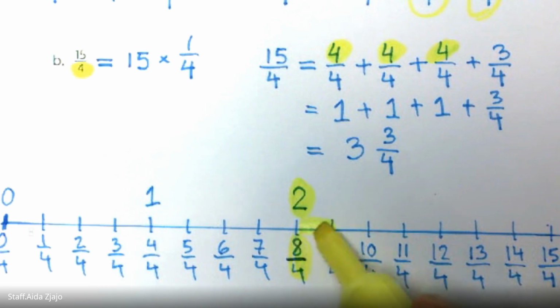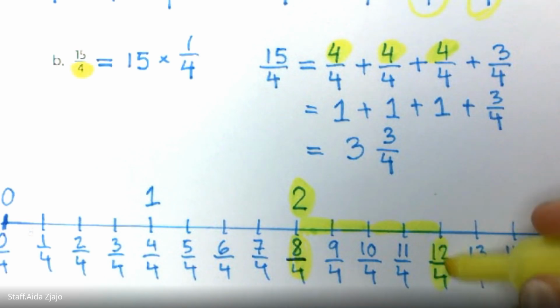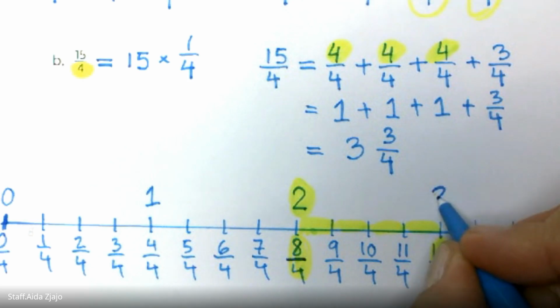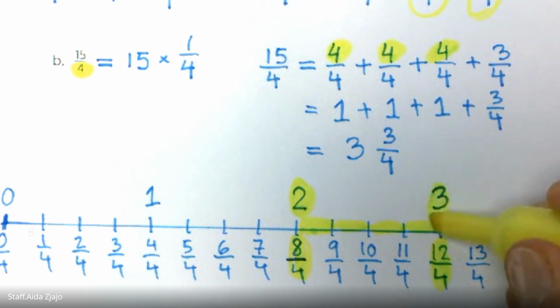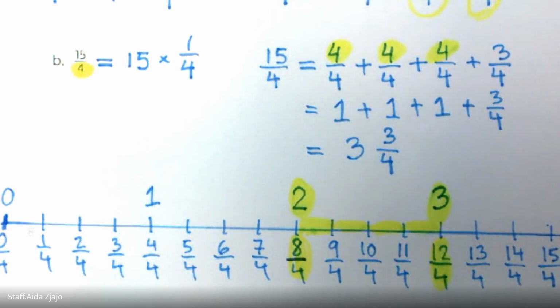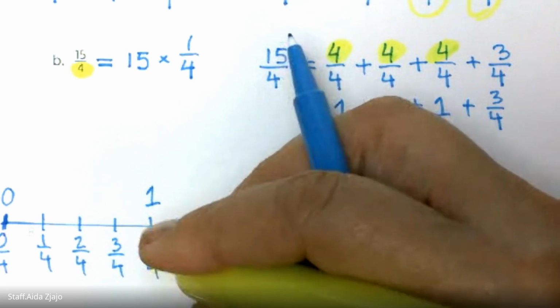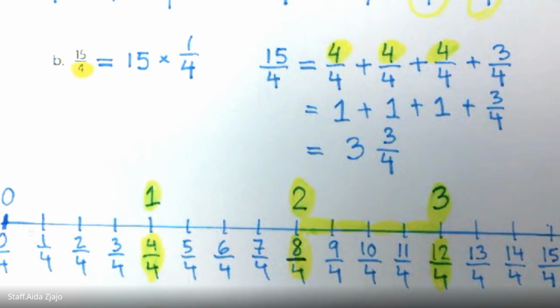So if I go 1, 2, 3, 4 more fourths, then here will be another whole, which is 3 wholes. So when I look at 15/4, I will have 2 wholes, 3 wholes, and then I will have 3 more pieces. 1, 2, 3. So in 15/4, you have 3 wholes and 3 more fourths.